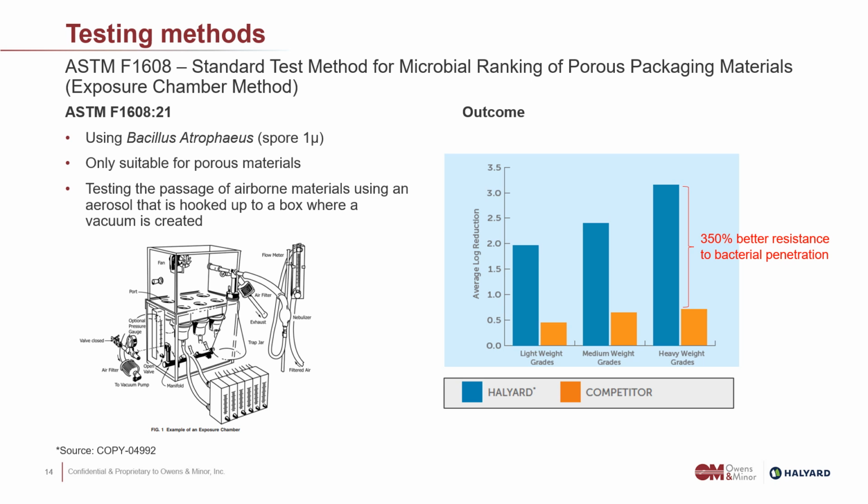In other words, we're going to literally suck the bacteria or the spore through the material. This means it's a much more challenging test, because you literally suck the bacteria through, and the diameter of your bacteria is much smaller.